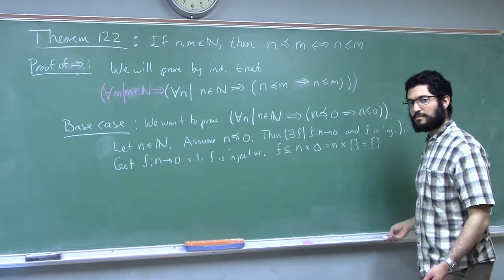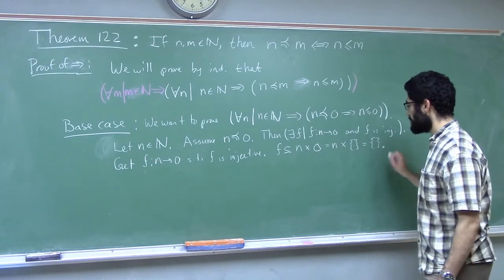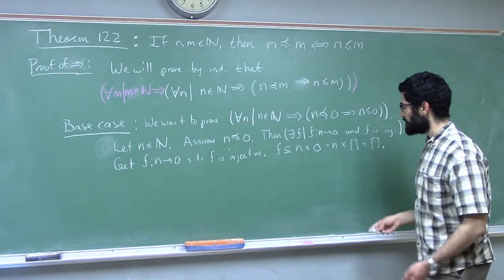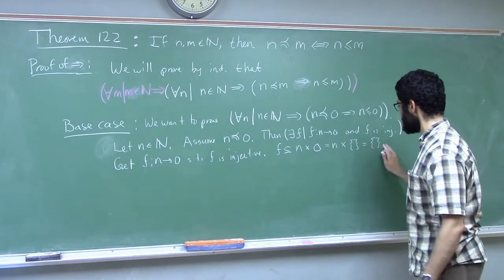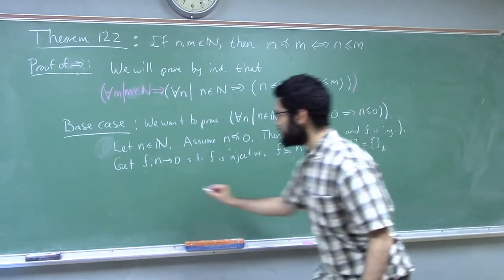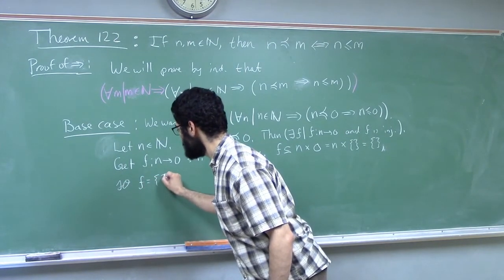This was either a theorem or an exercise earlier. And so that means F is a subset of the empty set. But we also have a theorem, the minimality of the empty set, which says when you're a subset of the empty set, you are the empty set. So from this, we conclude F is the empty set.